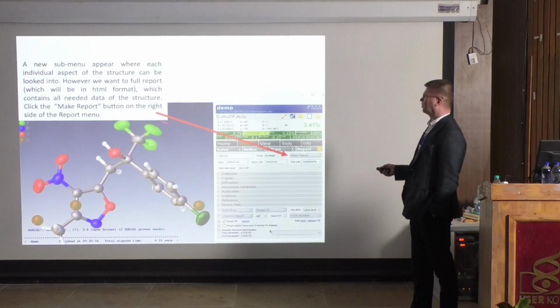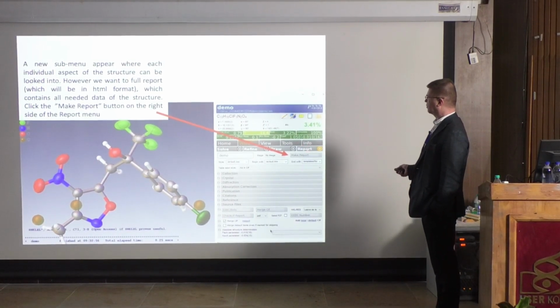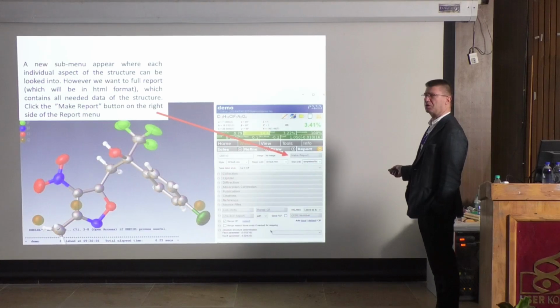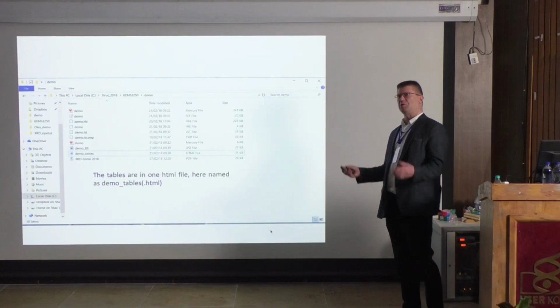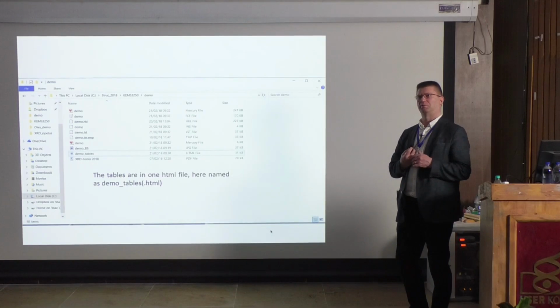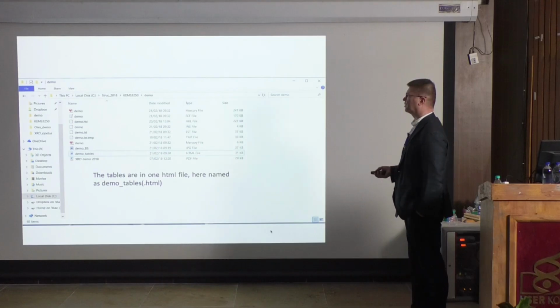And it's very simple. When you have done it, in this report menu, which is now activated, as you can see, it's yellow, you click Make Report. This Make Report automatically reads everything you have done. It reads a zip file, and it also extracts some other information which might be there. So it's a very nice tool.